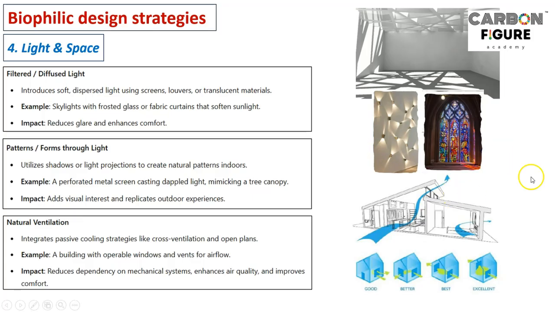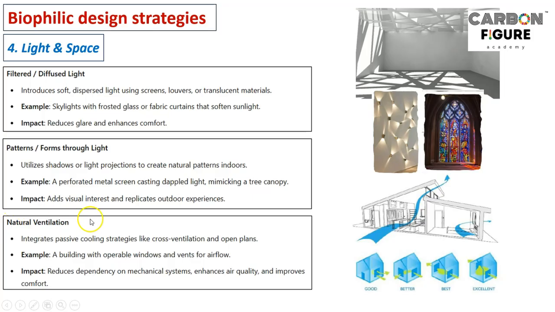So for example, a perforated metal screen casting dappled light mimicking the tree canopy. So this is what they are telling. It looks like a tree canopy, right. So it adds visual interest and replicates outdoor experiences. So it's like trying to keep you calm. Okay, you are not indoors, you are outdoors, in that way.